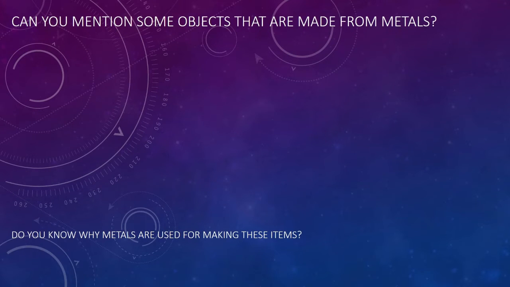Okay, so let us try and mention some objects that are made from metals. Try and remember some few objects that are made from metals. You have 1 minute to do that. So do you know why metals are used for making those items?